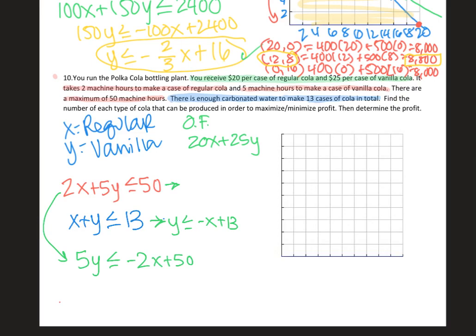So I subtracted 2x. Divide by 5. So I should get y is less than or equal to negative 2/5 x plus 50 divided by 5, which is 10. Okay, let's see. 1, 2, 3, 4, 5, 6, 7, 8, 9, 10.